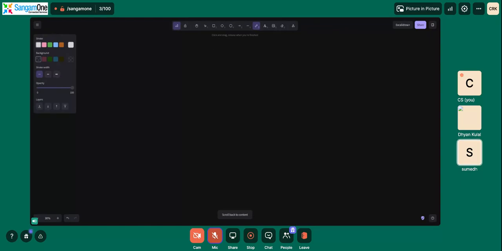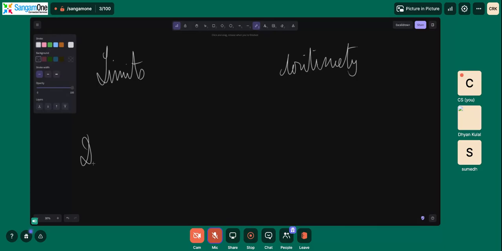Now we are going to touch upon important topics. The important topics include limits, continuity, determinant, and integration.